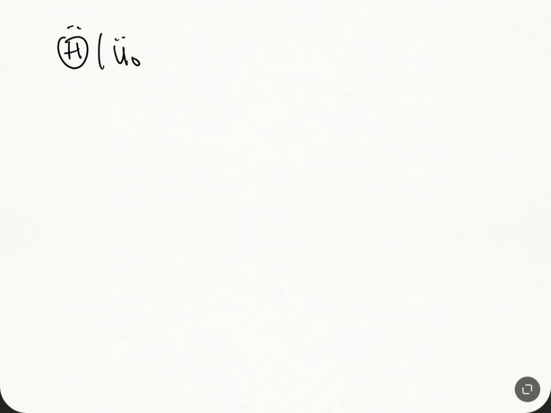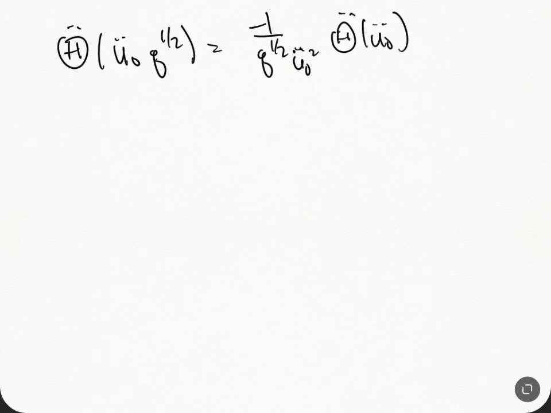Okay, well, we had this thing, q to the 1/2 was equal to -1 over q to the 1/2 u dot dot 0 squared theta dot dot u0 dot dot. And there's a more general version of this, if I can find it. The more general version is when you have higher powers of q. So let me see if I can write this down. So what do we have? q to the a over 2.